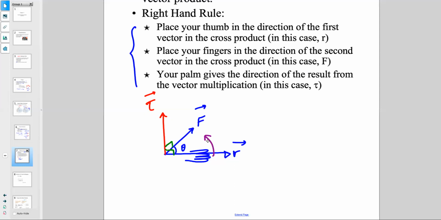Then your thumb will show the direction of tau. So put your four fingers along the direction of R, bend them towards F, and then your thumb will show the direction of tau, which is torque in this case.